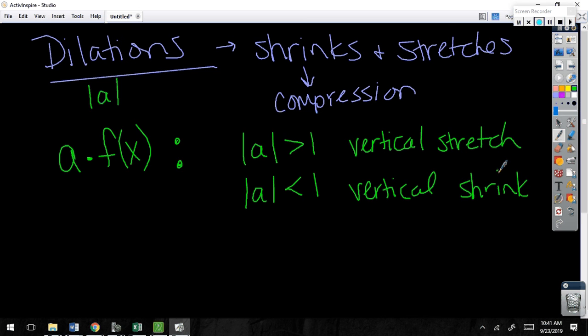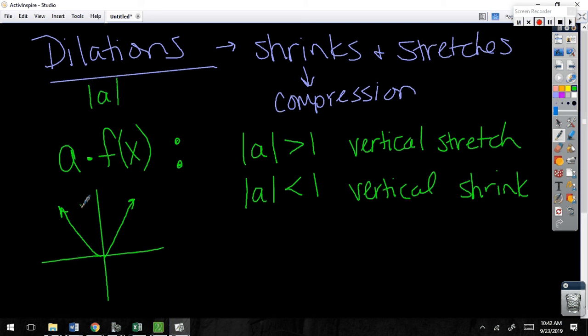Now think about what this means. Literally, I wish one day I'm going to have a nice visual for this. If I'm talking about a vertical stretch, if I have this nice little parent graph, and those axes were rubber bands, and I could stretch vertically, what's happening to my graph as I stretch out vertically?